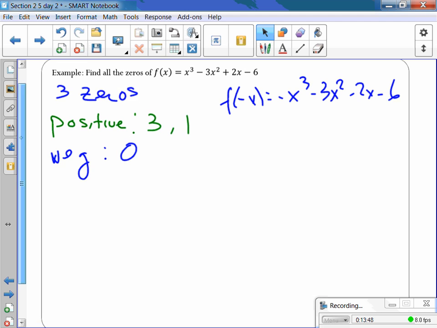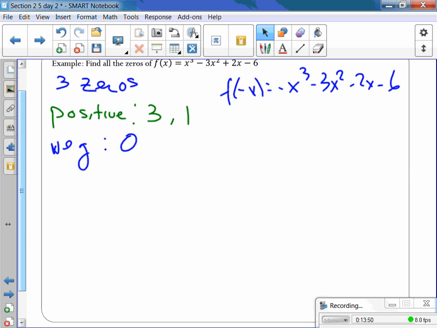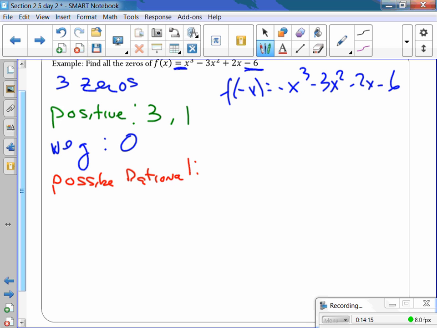So now when we come up with our possible rational zeros, again, we're doing what over what? P over Q, where P are my factors of my constant term, and Q factors of my leading coefficient. My leading coefficient is 1, so I'm just looking at the factors of 6, which are what?